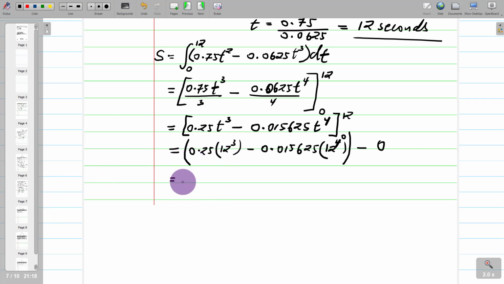This expression here gives us 432. You can use the calculator to confirm these values. The second will be 324. And when I subtract 324 from this value, we are going to get 108.